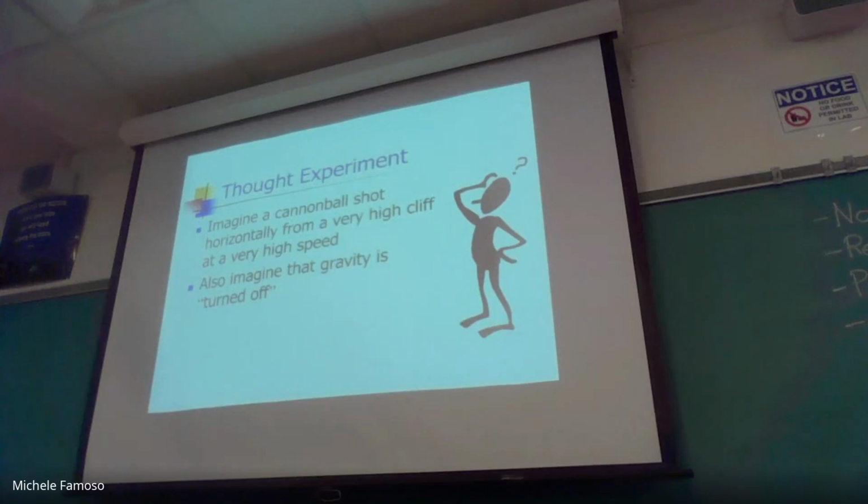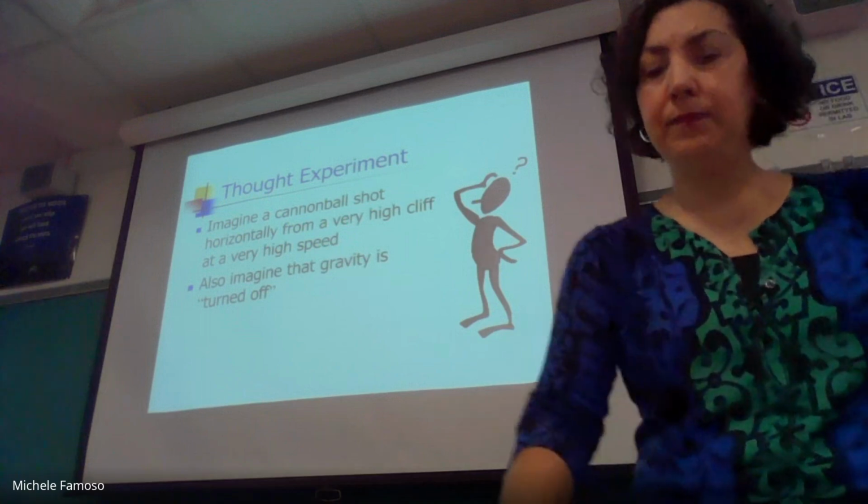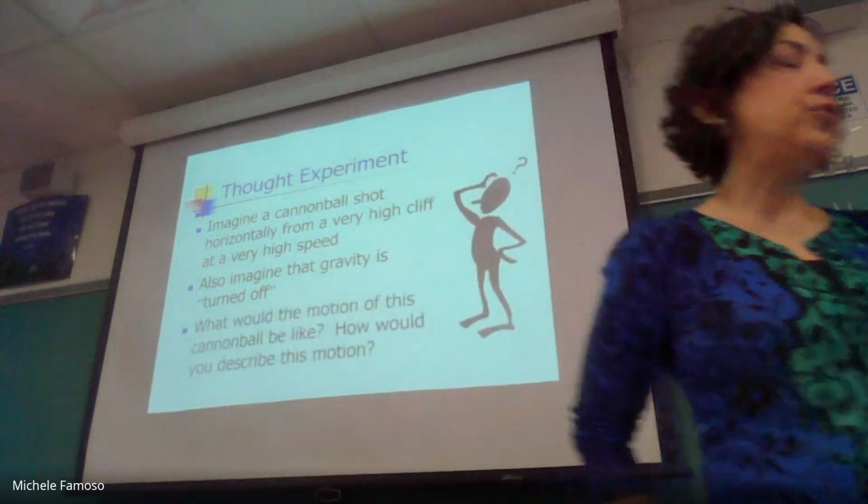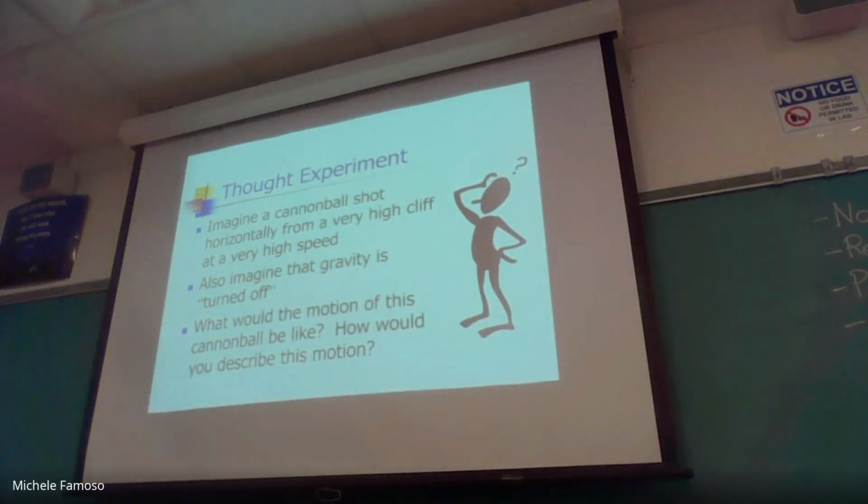Imagine that somehow we could turn gravity off. So there is no gravity that exists there. My question to you is this. What is the motion of the cannonball going to look like? How would you describe what the cannonball does once it's launched?